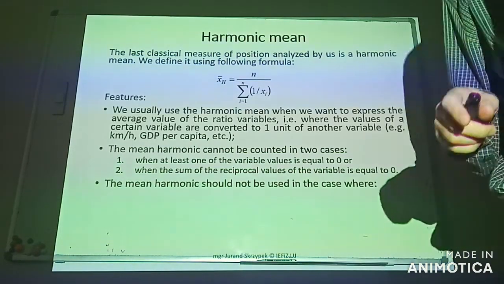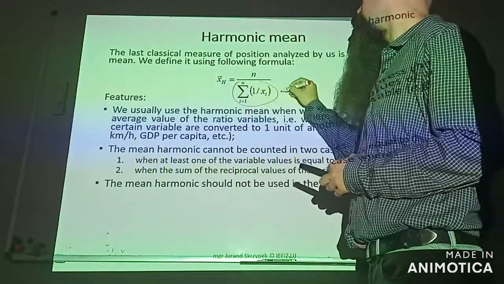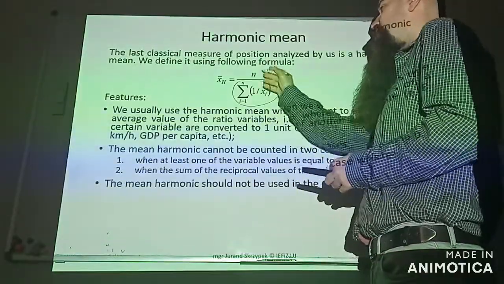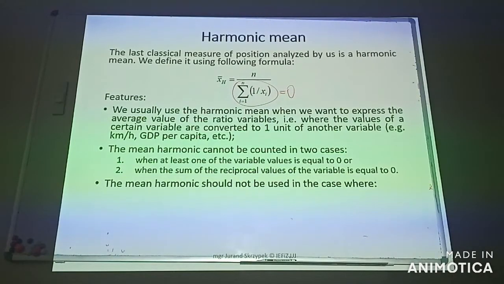In this situation, the whole sum is 0, so we can't divide n by 0. We are not able to compute harmonic mean.